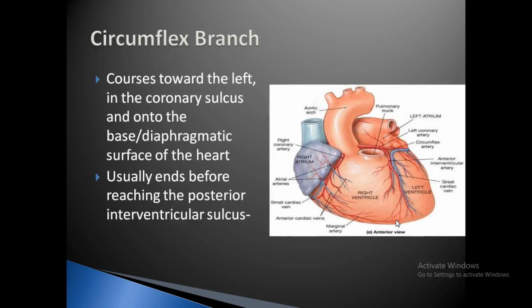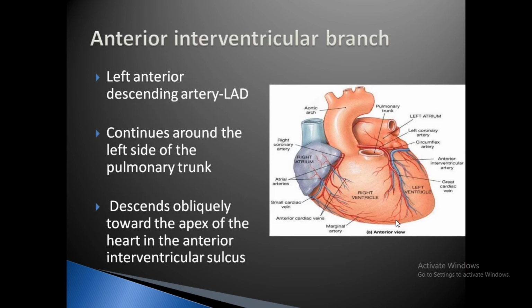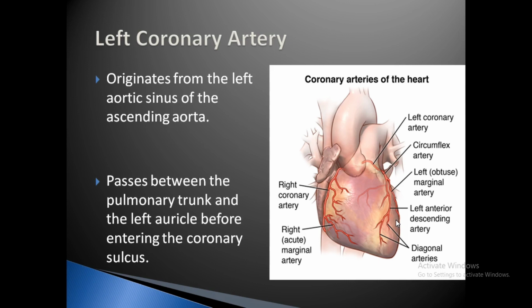So the left coronary artery originates from the left aortic sinus, and it passes between the pulmonary trunk and the left auricle. In the right coronary artery, you have noticed that it originates from the right aortic sinus of the ascending aorta, whereas the left coronary artery originates from the left aortic sinus of the ascending aorta.